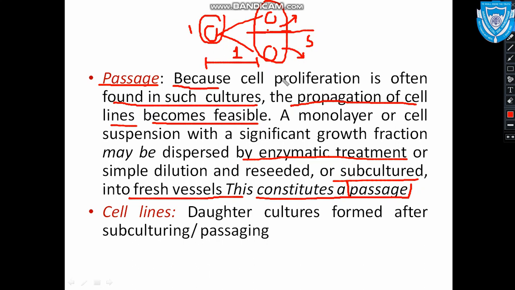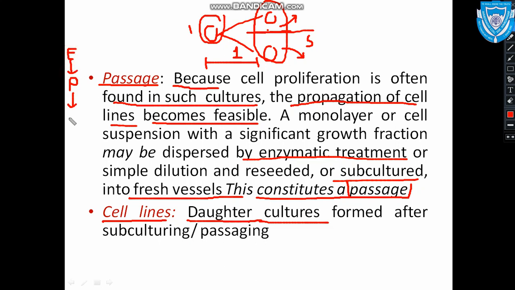I hope you understood this concept. Okay, the next term is cell lines. So cell lines means what? Daughter culture. Whatever primary culture we have prepared, like from explant culture, right? First of all, explant culture is there.